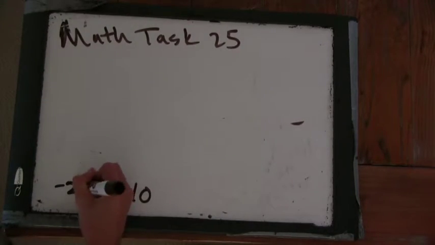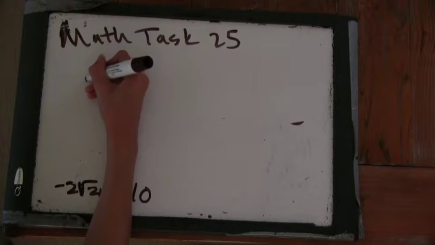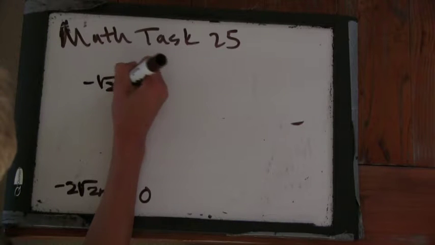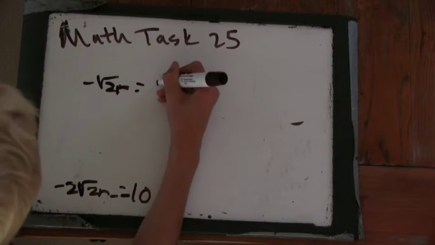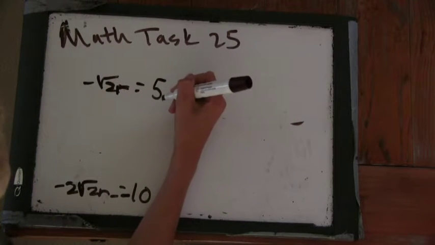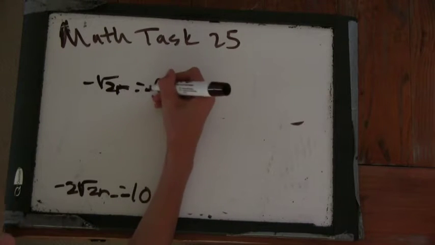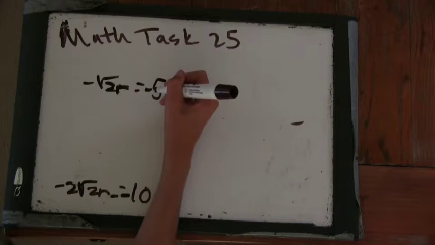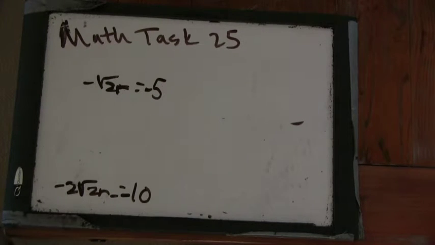So, negative square root of 2r is 5. Negative 5. Okay. Negative square root of 2r. Maybe we can get rid of the square root by squaring it, if we square both sides.